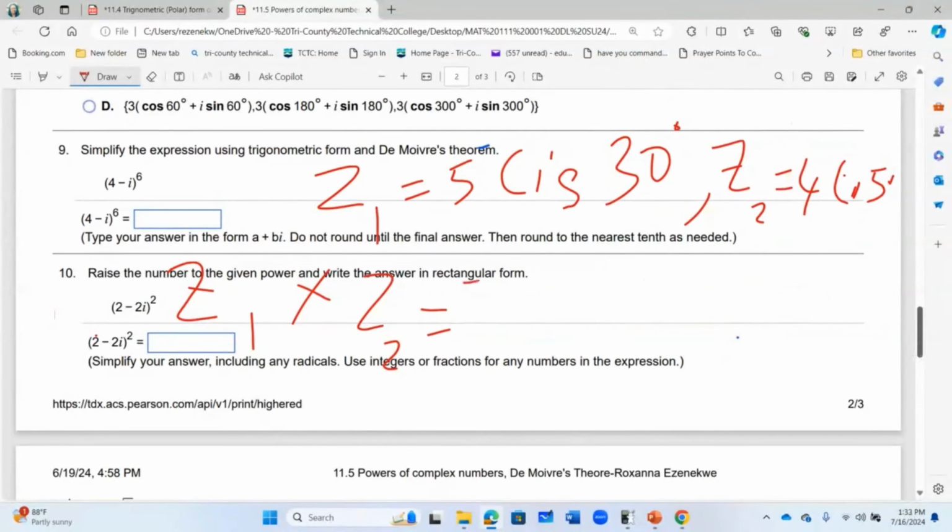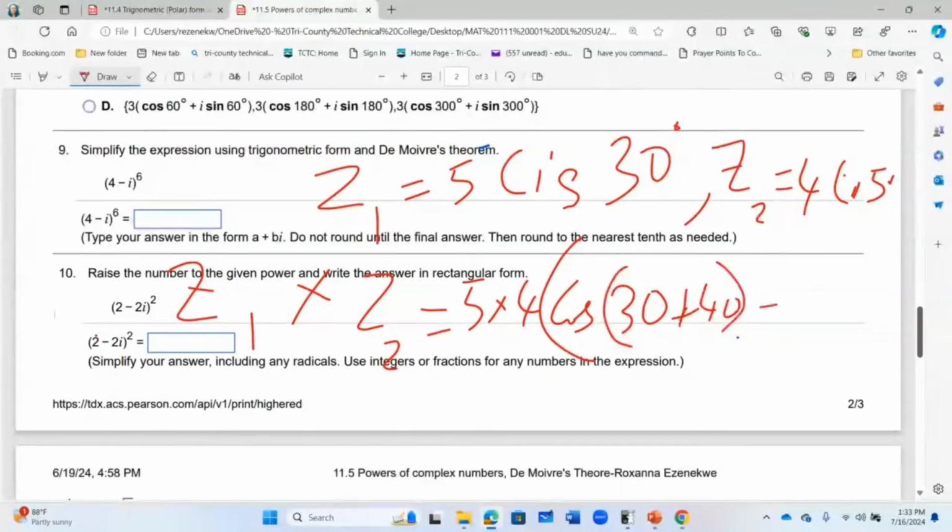So I have 5 multiplied by 4 times cosine of the first angle plus the second angle. In other words, you add inside. You have to obey all the signs of the unit circle. i sine of theta 1 plus theta 2.